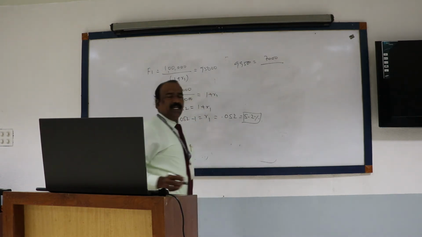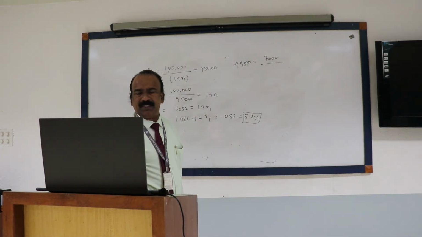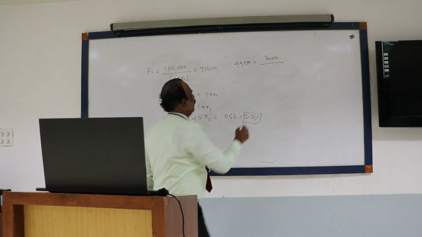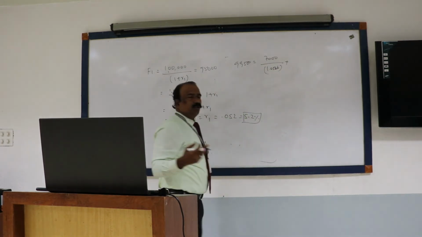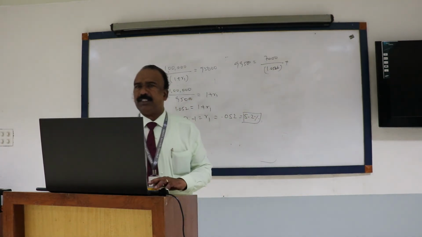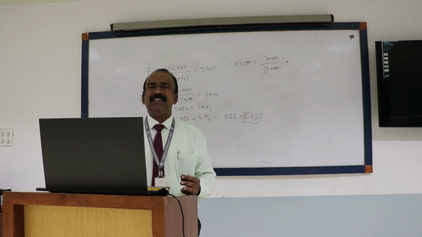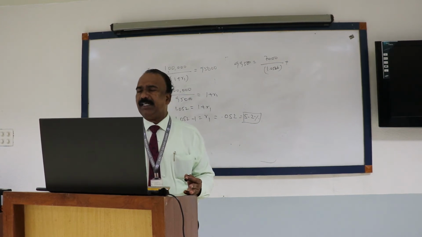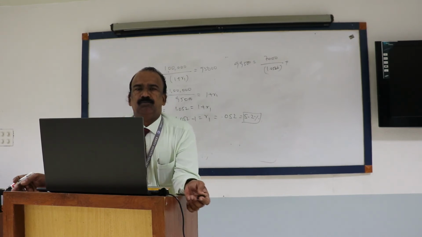What is the first year interest rate? It is 5.26, that is 1 plus R1 equals 1.0526, plus the second year. You have to assume that every year these particular government securities are getting matured. That's why the maturity years are given. Maturity year is 2 years. Each bond you will have to take separately.